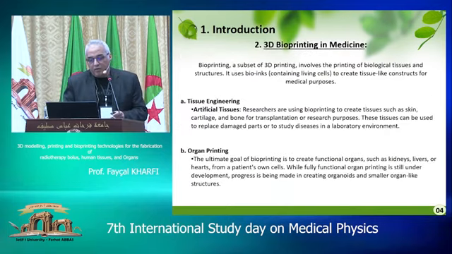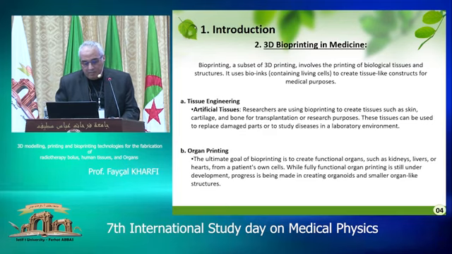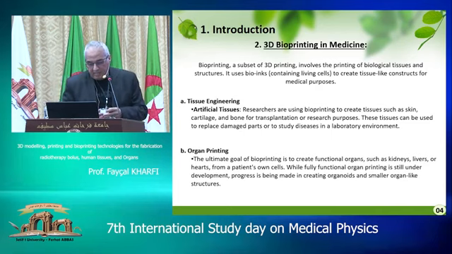Now we move to 3D bioprinting in medicine. Bioprinting is just a subset of 3D printing with a specific kind of ink that we use to print what we want to print. Bioprinting involves the printing of biological tissues and structures.